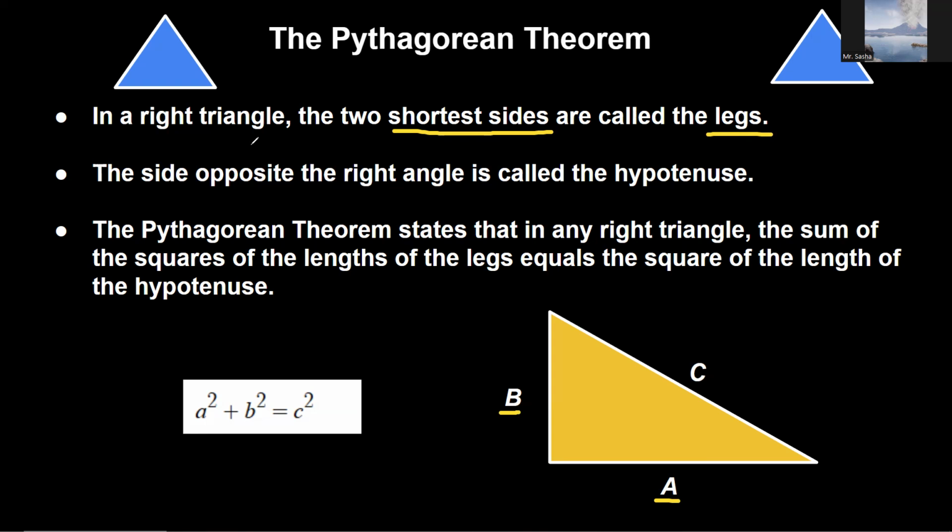So to see what C is, let's see this one. The side opposite the right angle is called the hypotenuse. The hypotenuse is, let me change it to blue.